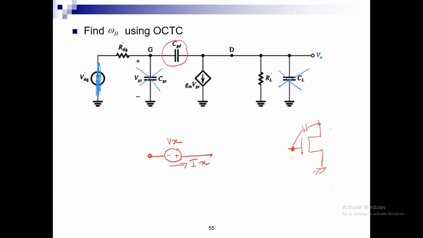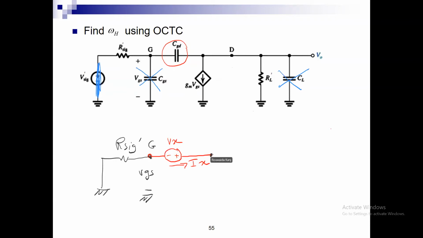So let me now just take the actual circuit as is, and let us come up with a specific rule. If we want to draw the rest of the circuit around it, C is an open circuit. I have here R sig prime. The voltage from here to ground is what? VGS, because this is node G. And then here I have the GM VGS, and then I have RL prime.